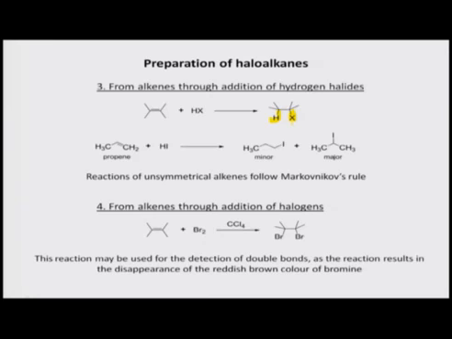So I have an example here which is propene. When propene is treated with HI, we get the corresponding iodopropane with iodine attached to the first carbon atom, that is 1-iodopropane, or 2-iodopropane.